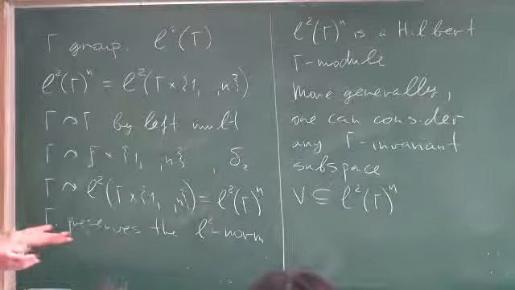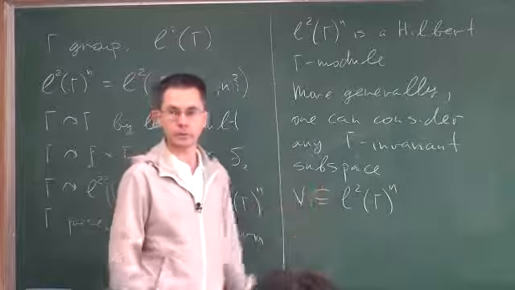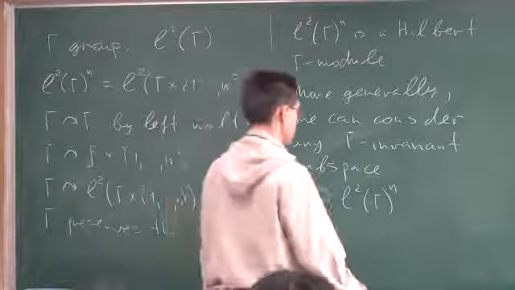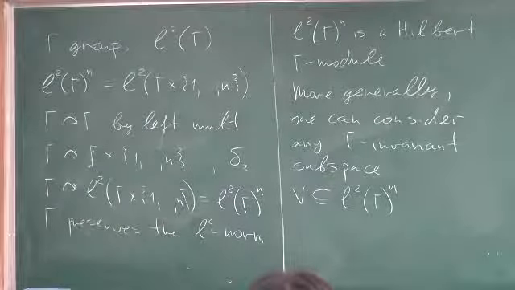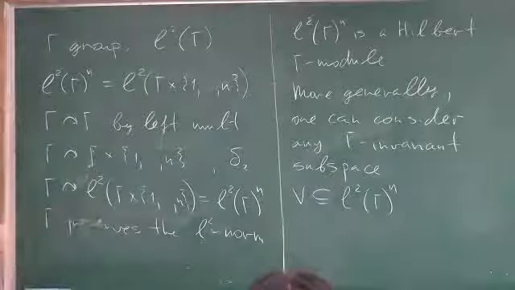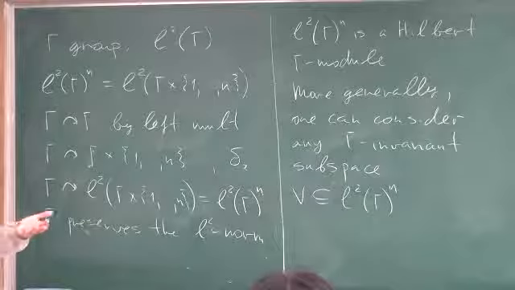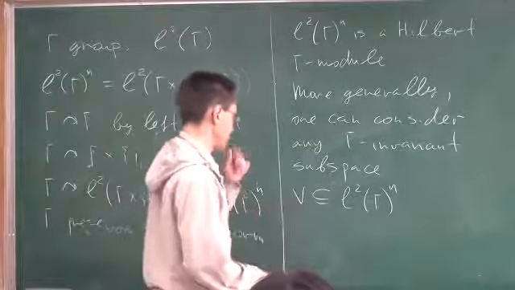Or alternatively, you could just allow a space to be non-closed. That's also an option. But there is a notion of dimension for such modules, and there are various definitions for dimension. Some definitions require the module to be closed. Some of them don't. So it's not really important that it is closed.